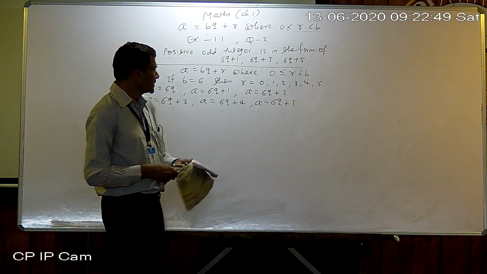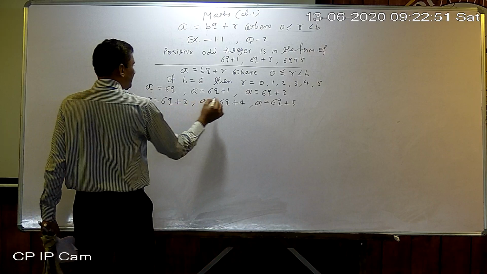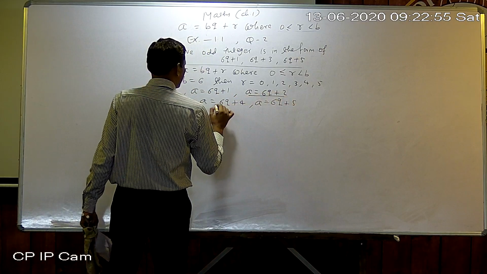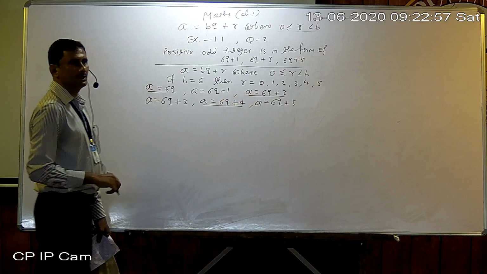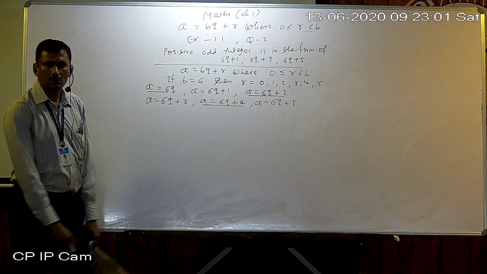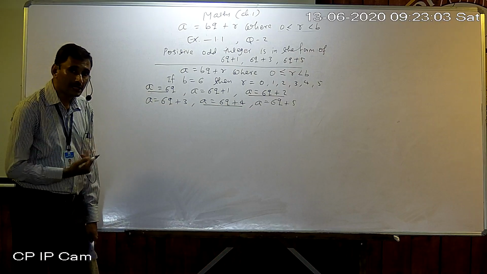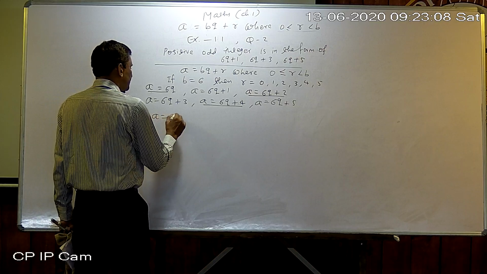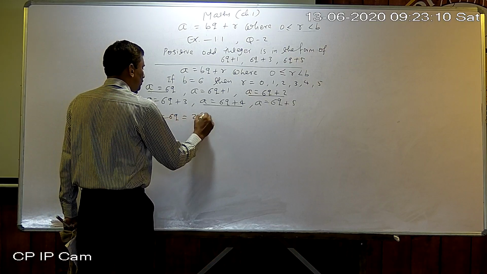Now look at this number, this one and this one. Obviously they are divisible by 2. Why? 2 can be taken as a common. So we can write a equal to 6q equal to 2 into 3q.